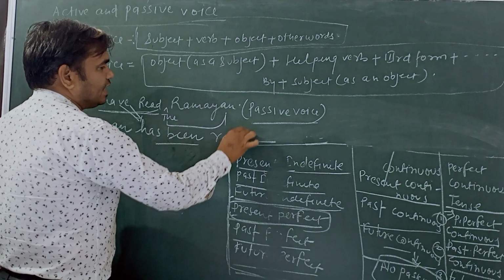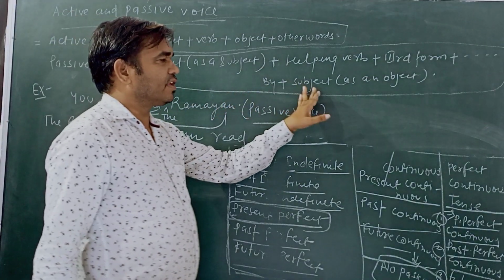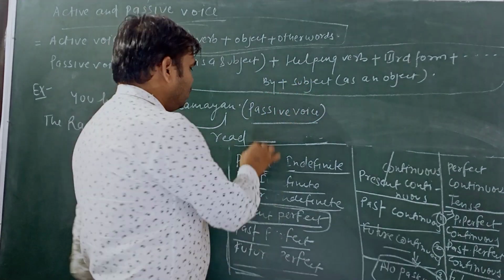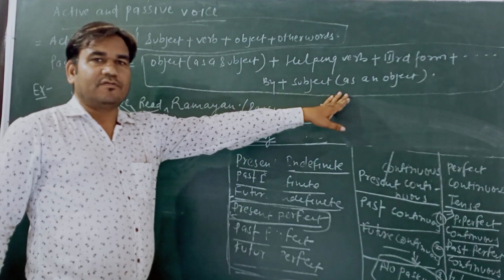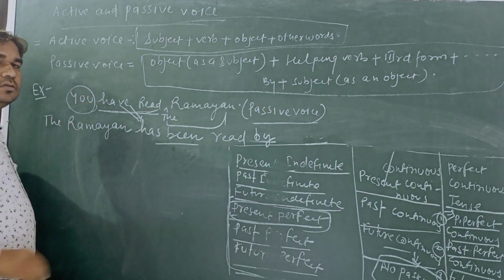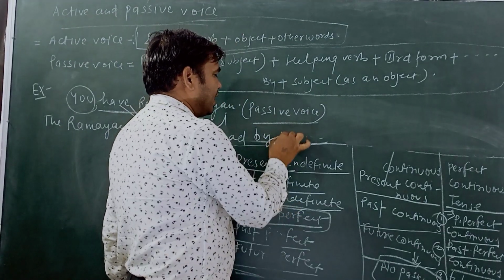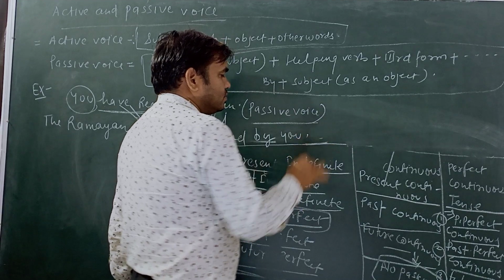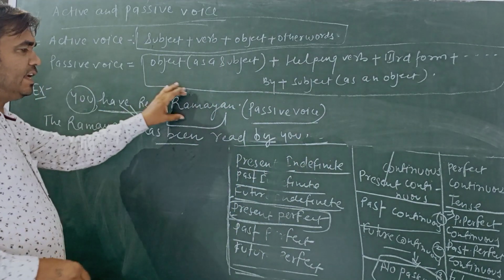The third form of read is read, and then "by" plus subject, converted as an object. It means to say "you". The object of "you" is also "you", so "by you". So this is the passive voice of present perfect tense.